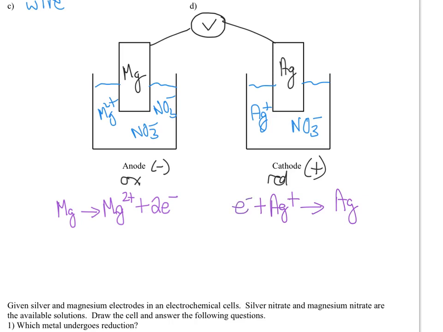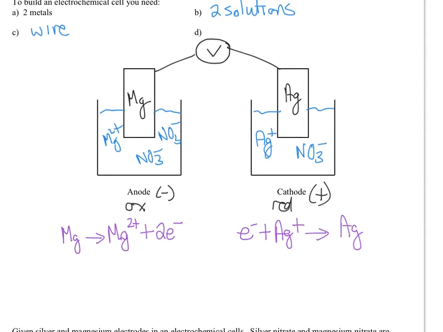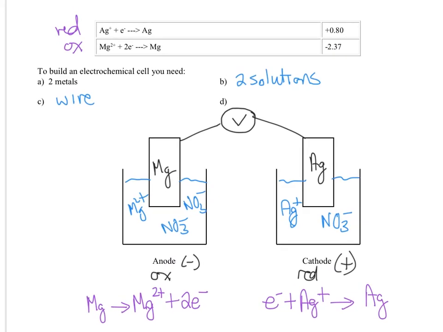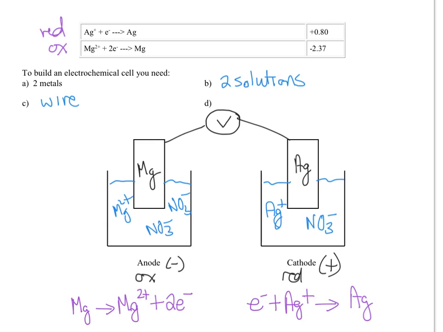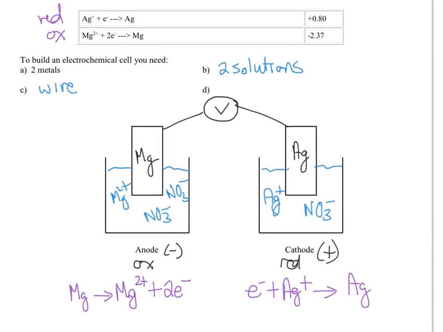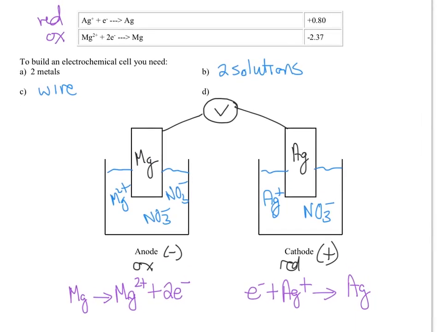Now, hopefully you can figure this out on your own. But let's say you're in a hurry or you get stuck. All you can do is you can just copy these down. Those reactions right here, these are all reduction reactions. And so for the reduction equation, you can just copy it down. Ag+ plus an electron yields Ag.